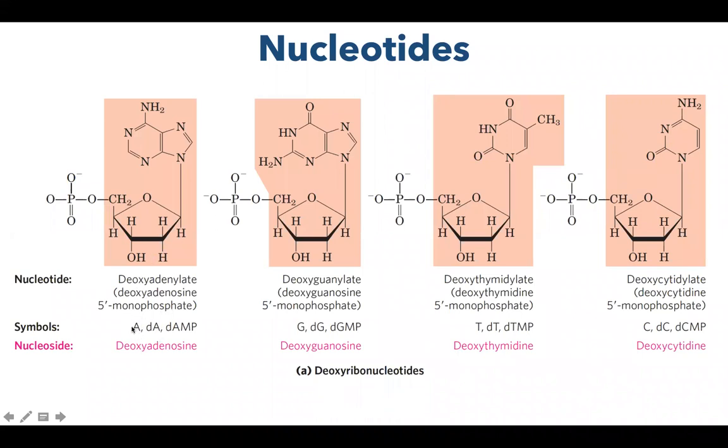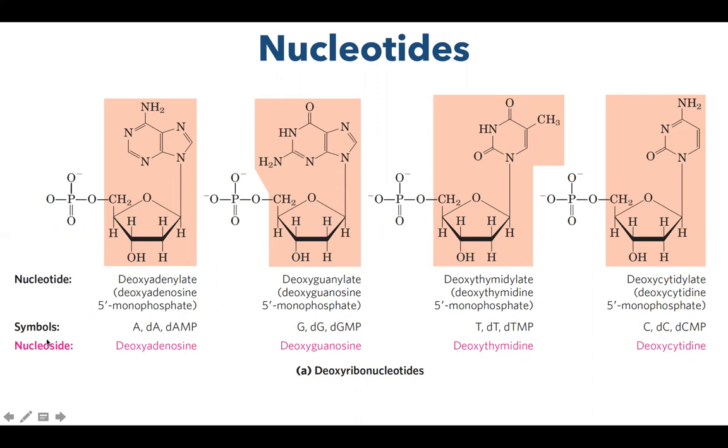We have simply A, or if we want to remove ambiguity, we attach a small letter d to tell us that this is a deoxyribose. Furthermore, we can expand the name to dAMP so that whoever is reading what we wrote will know that the nucleotide has one phosphate group.